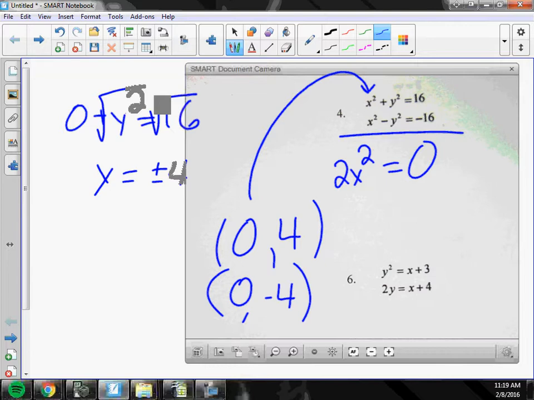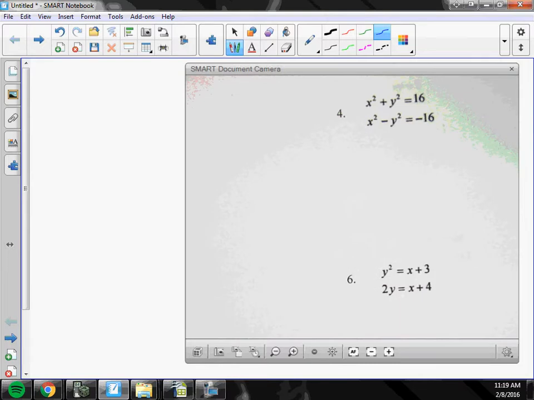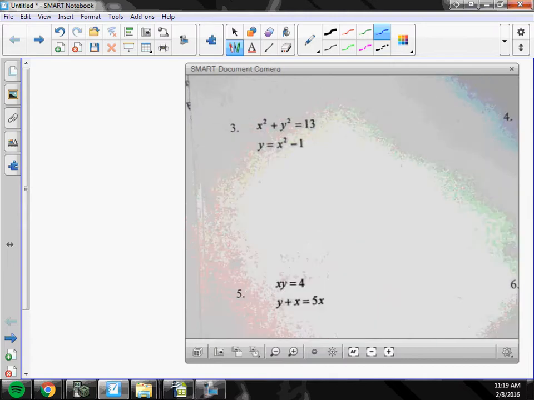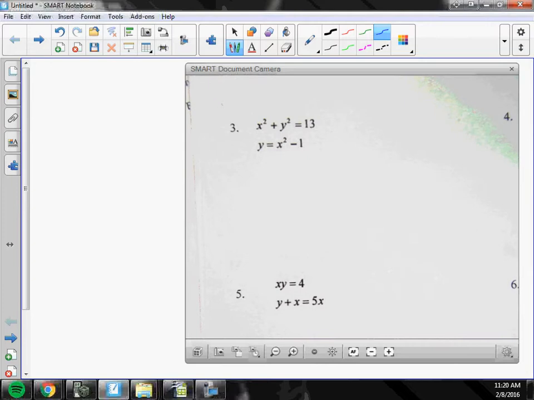Does that make sense? Okay, look back at number 3. It is possible to make number 3 really nasty, or it's possible to make it pretty easy. What would you do for number 3? So, if we subtracted x squared over here, now we could use elimination.